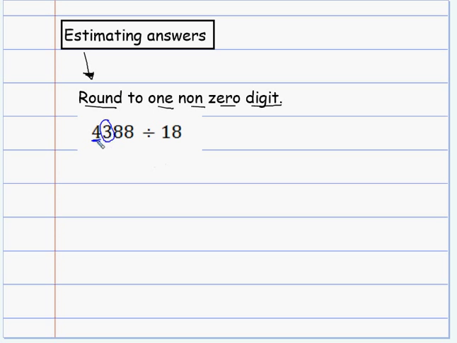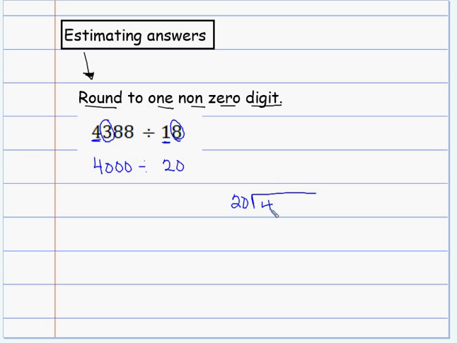So this number here, if we round to the thousands place, this would become 4,000. And if we round to the tens place, because the 8 is bigger than 5, this bumps up to 20, and 4,000 divided by 20 is so much easier to do than 4388 divided by 18.